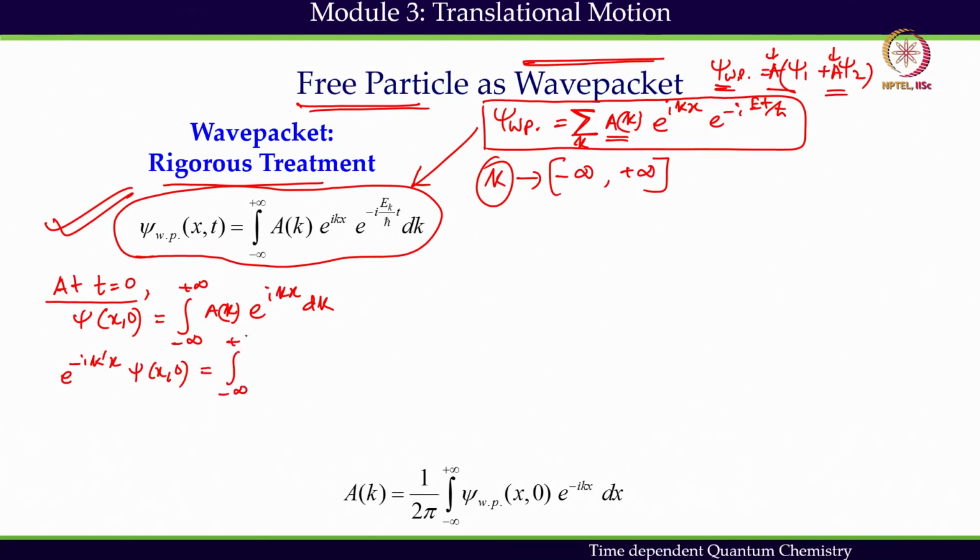Here also I multiply a k e to the power minus i k dash x. This is the mathematical trick I am going to use to get the analytical solution, and then I will integrate both sides from minus infinity to plus infinity with respect to dx.